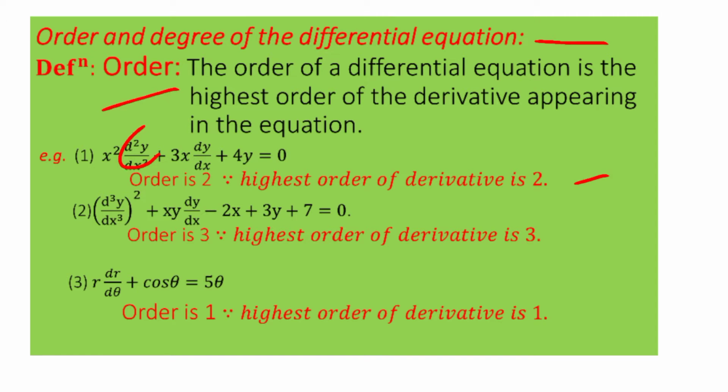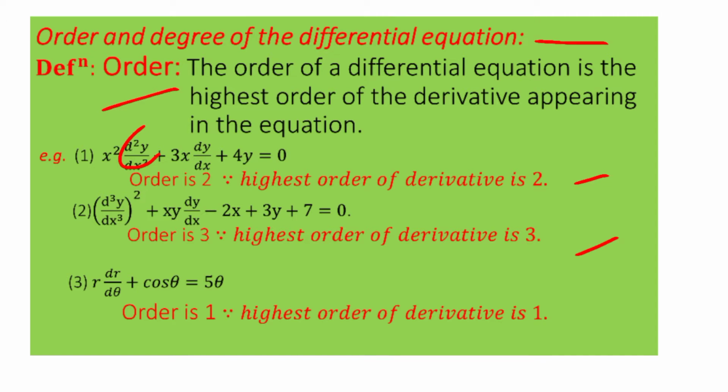Then second example, d3y upon dx cube the whole square plus xy dy upon dx minus 2x plus 3y plus 7 is equal to 0. Here in the second equation, the order of d is 3. So order is 3. The highest order of the derivative is 3.